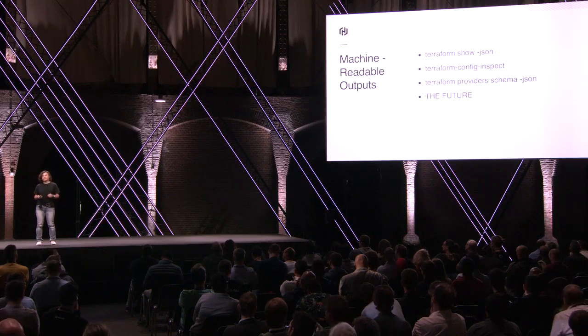I want to make it clear that I'm not trying to suggest that these tools aren't necessary anymore, that we're replacing them. The Terraform core team wants to help you do what you need to do with our data. So our goal with all of these outputs is to make compatibility promises so you can confidently write tools that read plan and state and config data, knowing that it can work with future versions of Terraform.